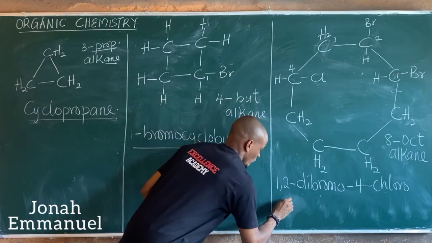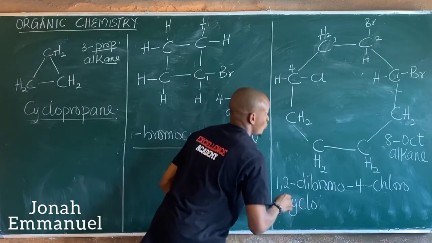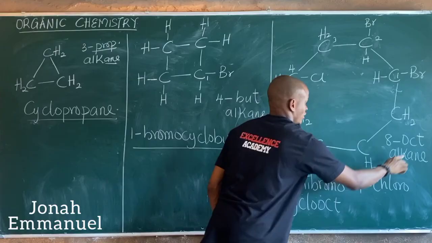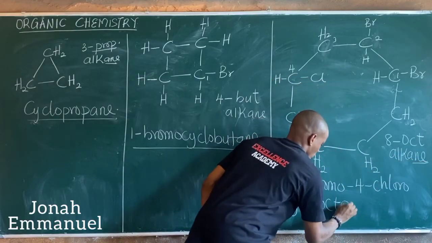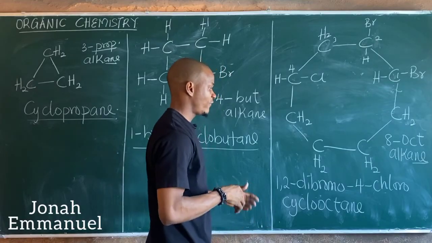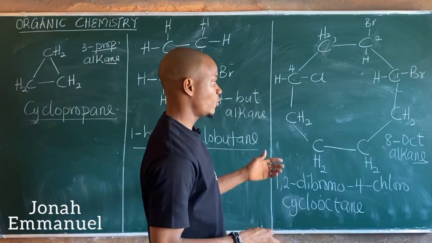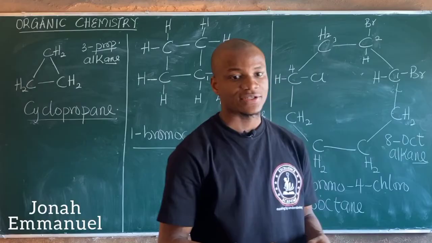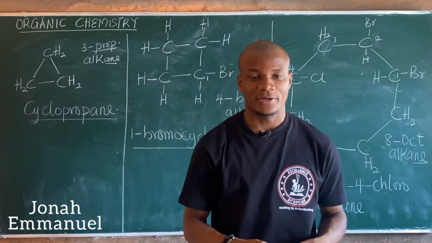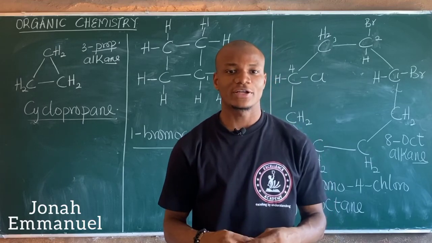So it becomes cyclo. So cyclo, 8 carbon atoms becomes oct. Functional group alkane becomes ane. So this is now 1, 2, dibromo, 4 chloro, cyclooctane. That's the name of this compound. So these are like my 6 rules of naming any organic compound.